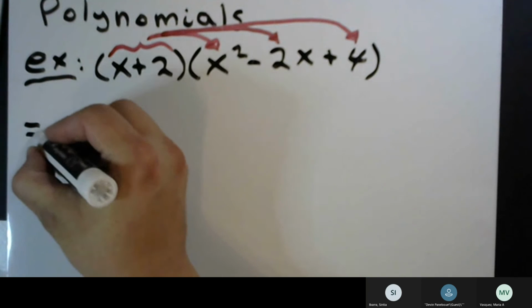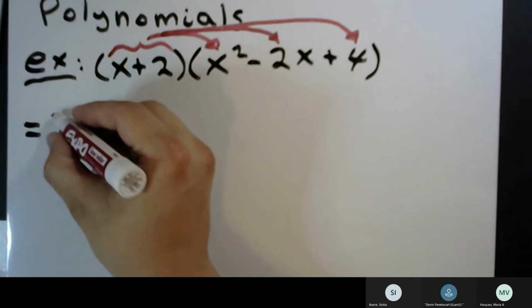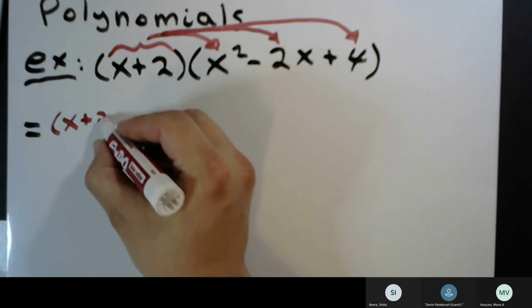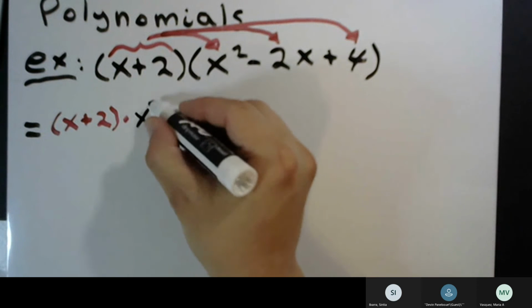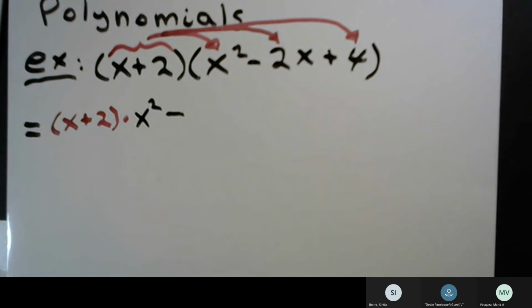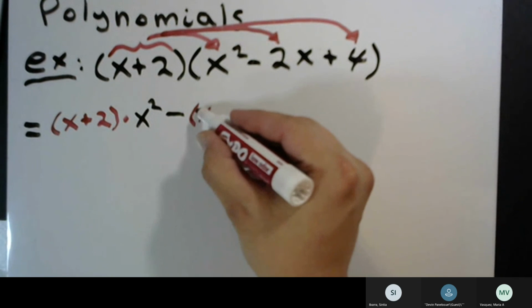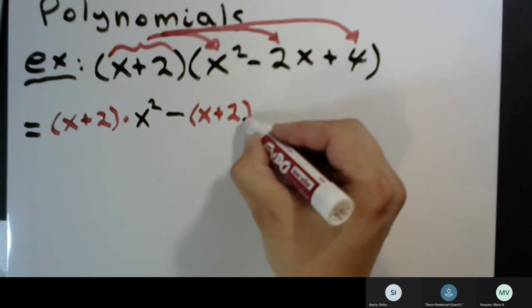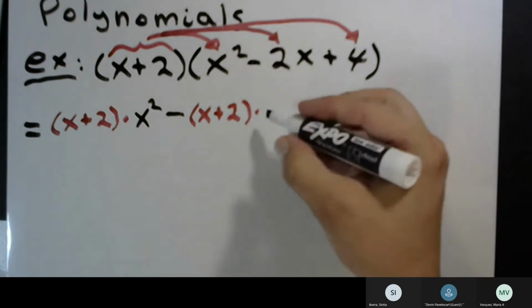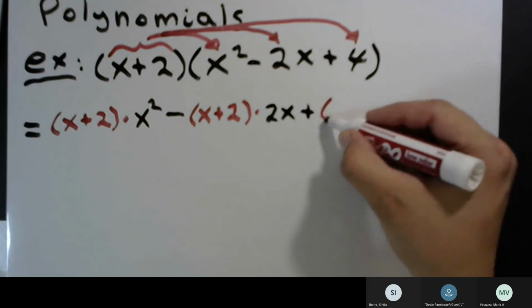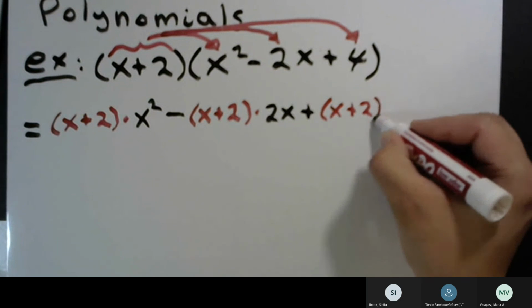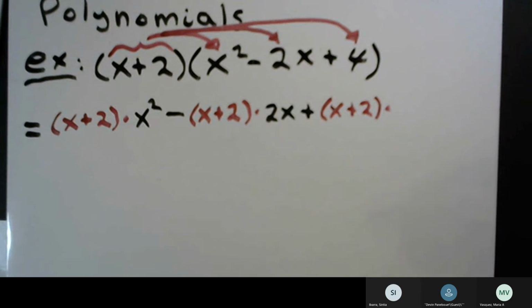So what we'll get is x plus 2 times x squared. So you're going to get something like this.